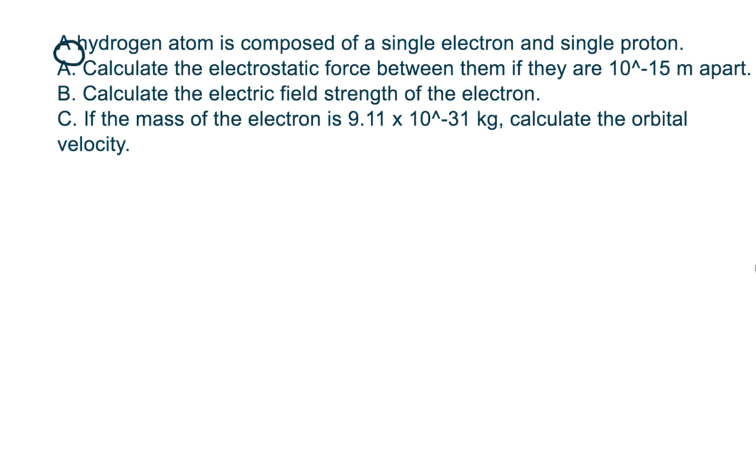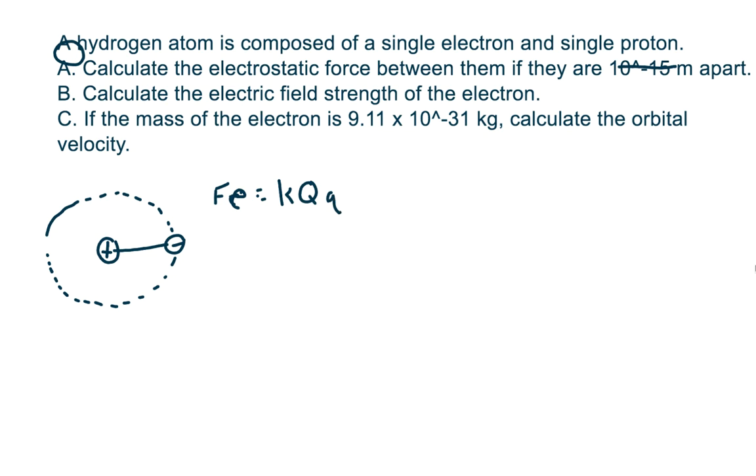Question A. So basically what we have here is a positive charge here, a negative charge here, and they're orbiting a distance of 10 to the minus 15th meters apart, and so it says calculate the electrostatic force. So the equation for electrostatic force, Fe equals K Q Q over R squared.